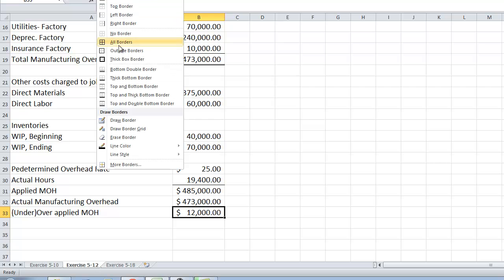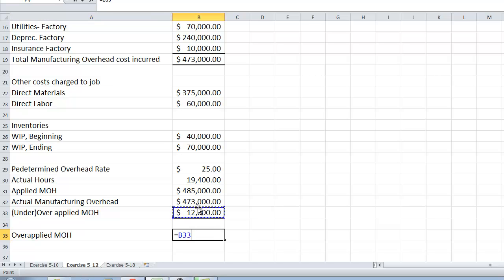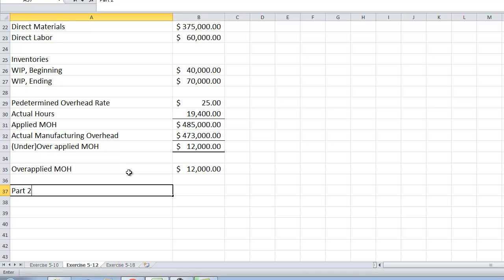So we actually overapplied manufacturing overhead by $12,000. So overapplied manufacturing overhead, 12,000.